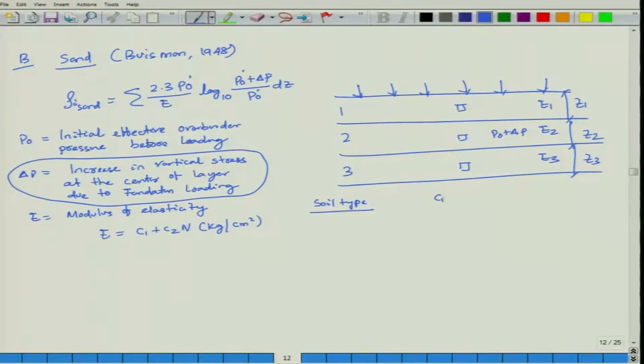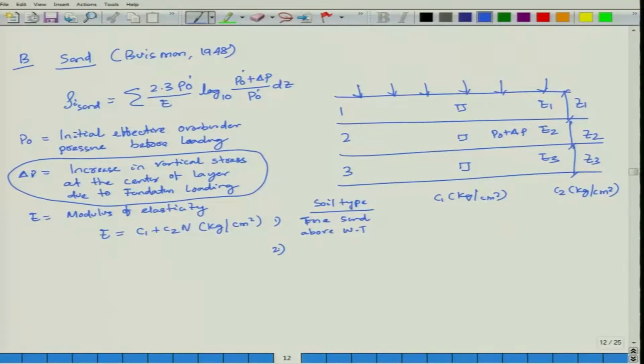Soil type, this is your C1 kg per cm square, C2 kg per cm square. Soil type, first one is your fine sand above water table.